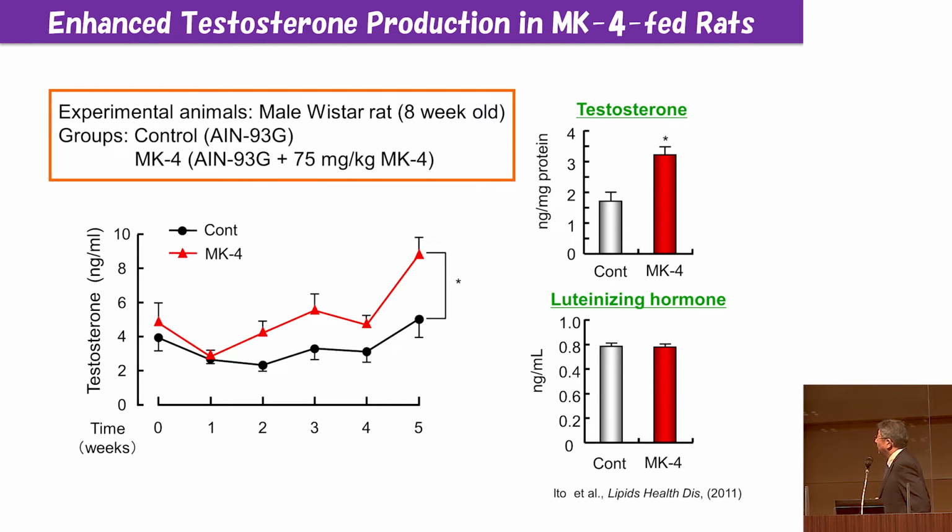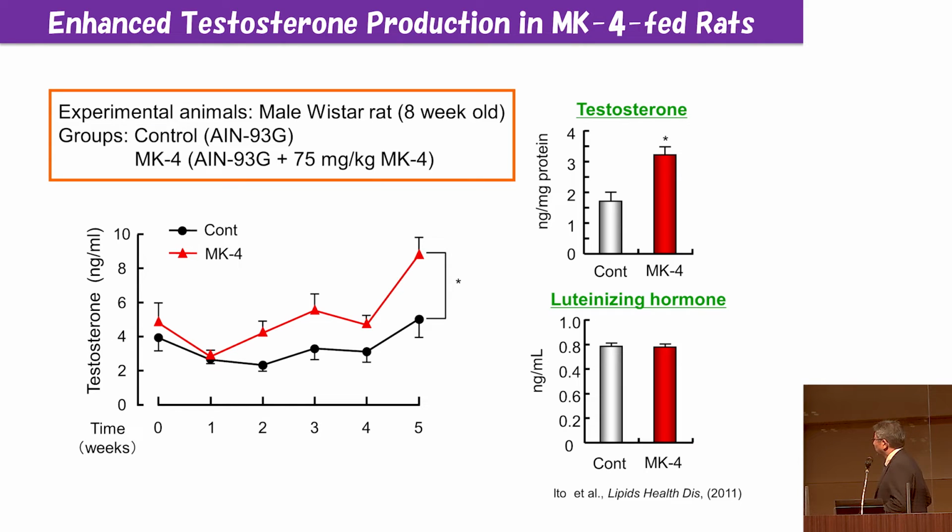When rats were given feed supplemented with menaquinone-4 100 times more than normal amount, its blood testosterone concentration was increased. Moreover, the testosterone level in the testes was higher in the menaquinone-4 administered group.